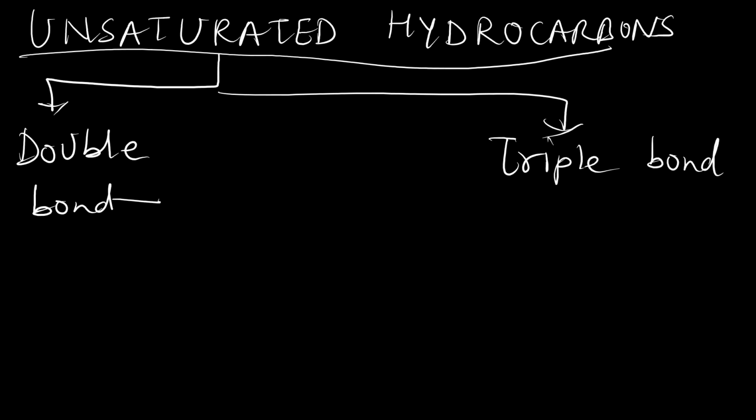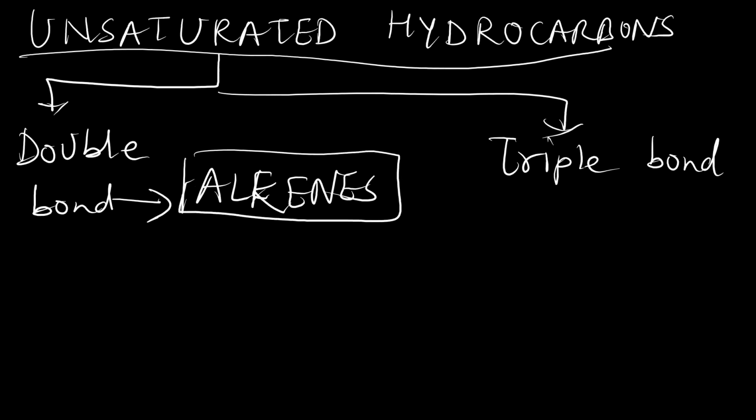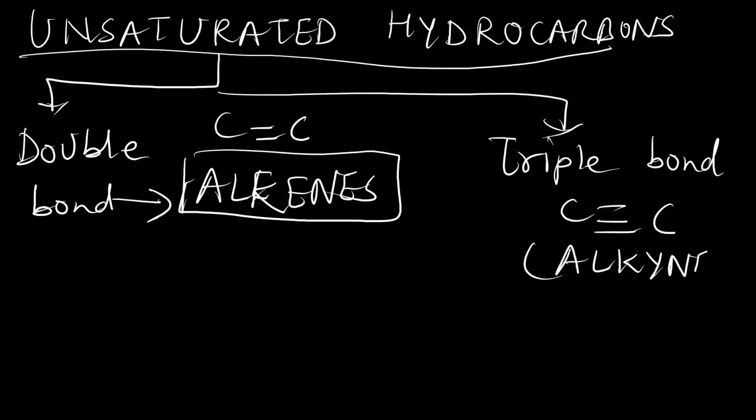So the double bond, the carbon-carbon double bond, is known as alkenes, and the carbon-carbon triple bond, they are known as alkynes.